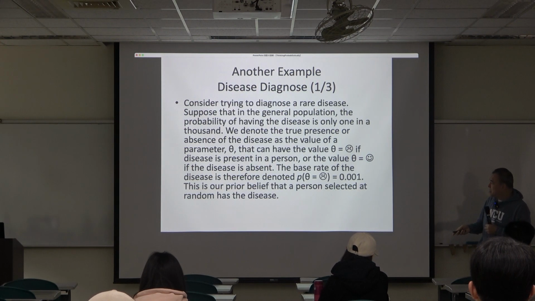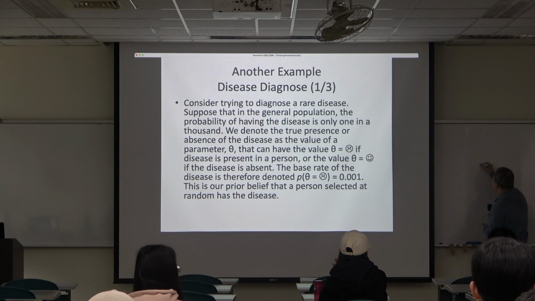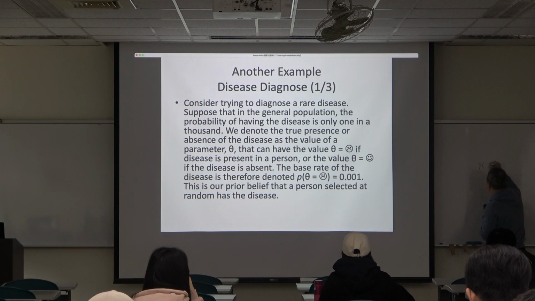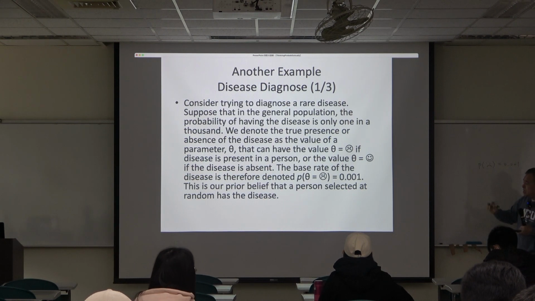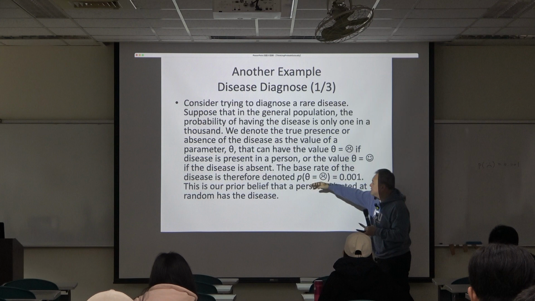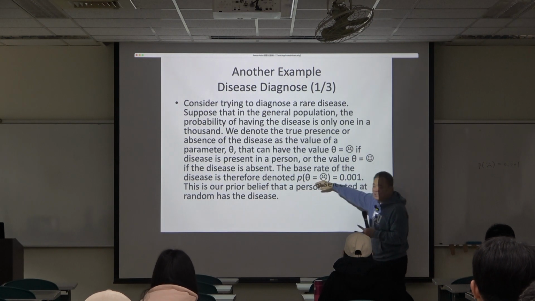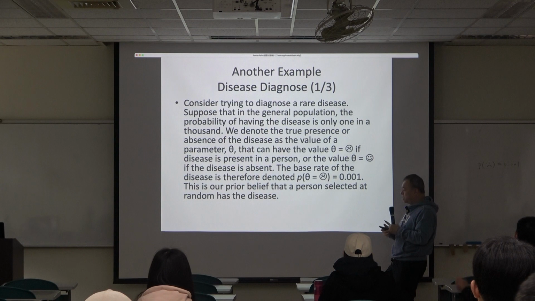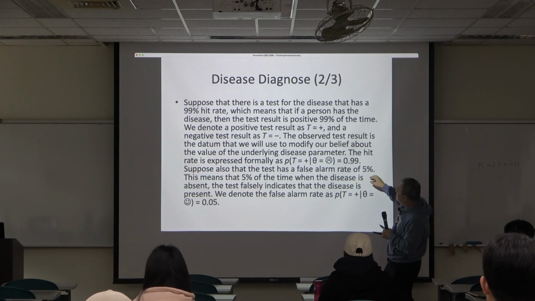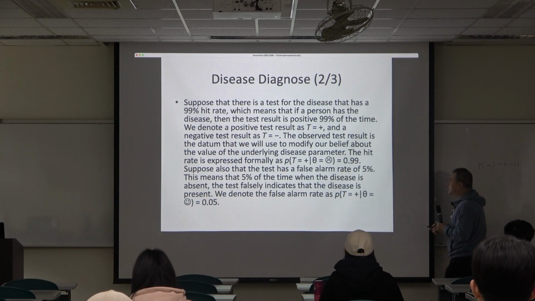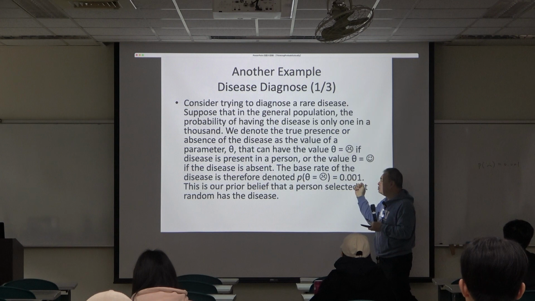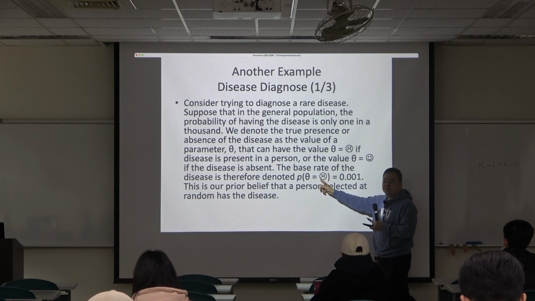We are given this one, 1 out of 1,000, as well as this. We are given this, the probability distribution of the parameter value.